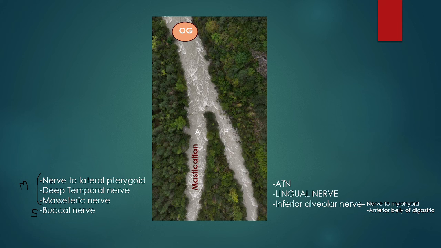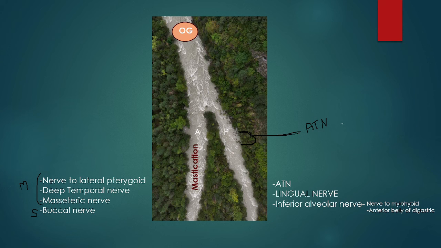Now some details over here about the posterior branch. First of all, the auriculotemporal nerve. Now this is not a straight nerve. What happens is, this nerve makes somewhat of a pin-shaped structure over here, this auriculotemporal nerve, right?